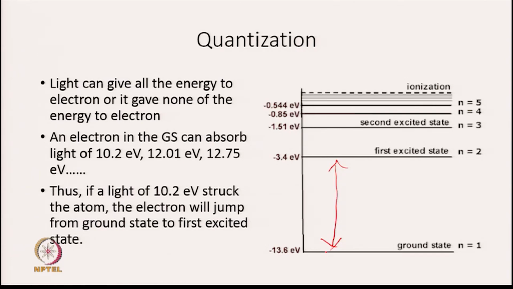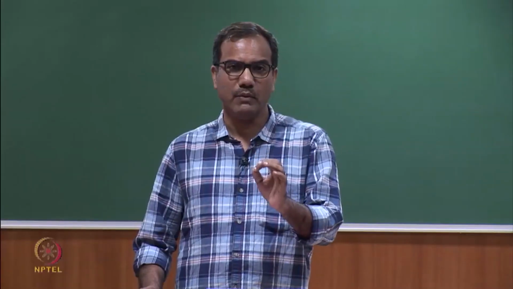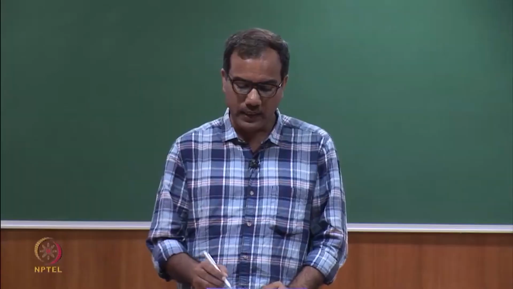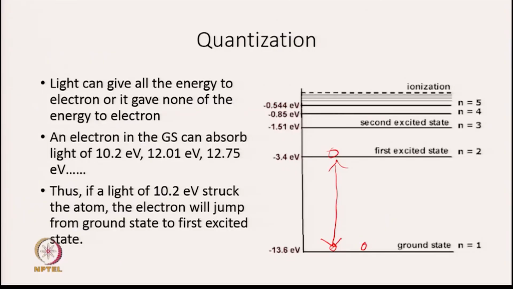So, if an electron in a hydrogen atom absorbs 10.2 electron volt energy, then it will go from the ground state to the first excited state. If it absorbs energy equal to 12.01 electron volt, then it will go from the ground state to the second excited state.